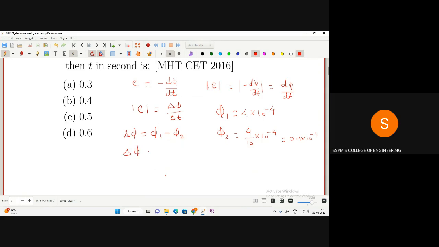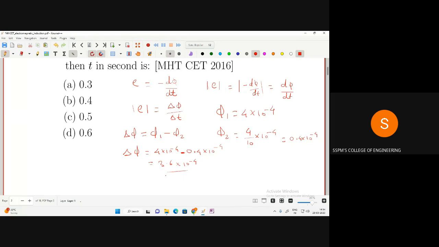The change of flux is initial flux 4 into 10 to the power minus 4 minus final flux 0.4 into 10 to the power minus 4. So 4 minus 0.4 is 3.6 into 10 to the power minus 4. That is the change of flux.